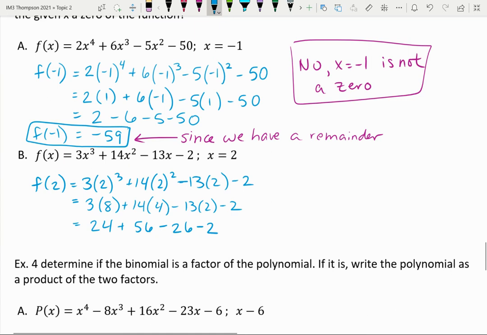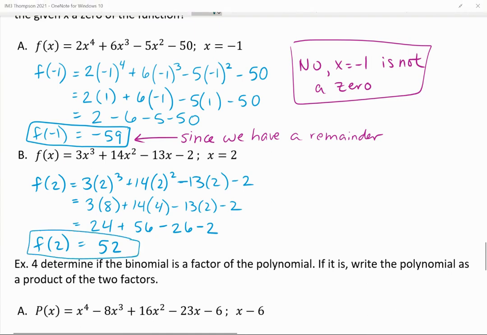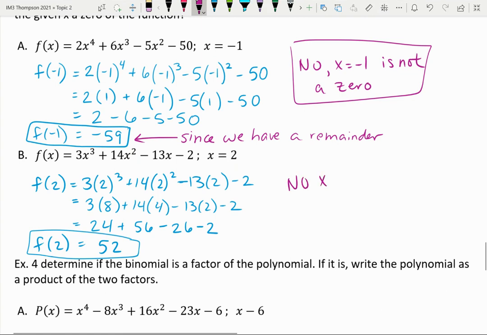Minus 2, minus 2, minus 4. Yeah, 52. So I get f equals 52. And that means that x equals 2 is not a factor. If we got 0, it would be a factor.